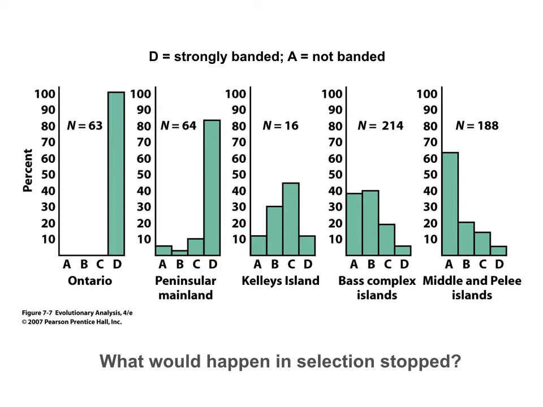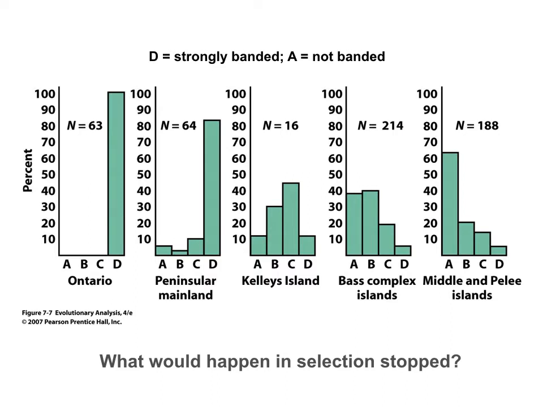That is the most frequent type of snake you find out on those islands, and so we can go back and look at the previous slide, and you can see that the Middle and Pelee Islands are actually kind of out there in the middle of the lake, and therefore would likely have less migration out there, probably with some strong selection for the unbanded snakes, whereas the other islands are probably getting more migration.